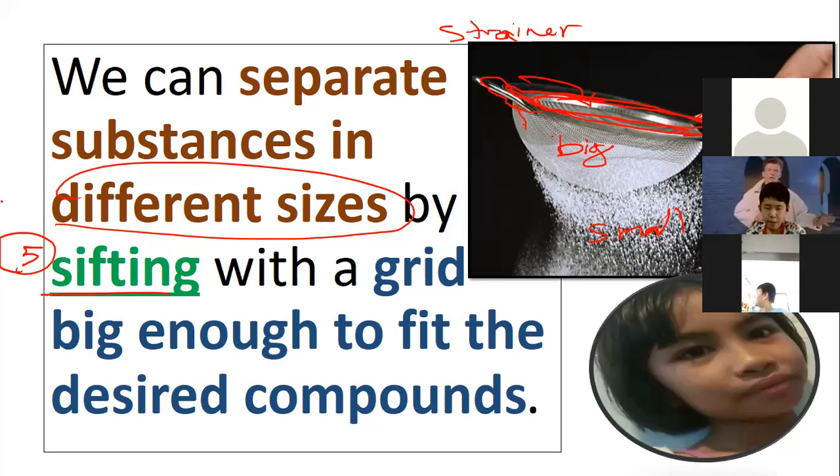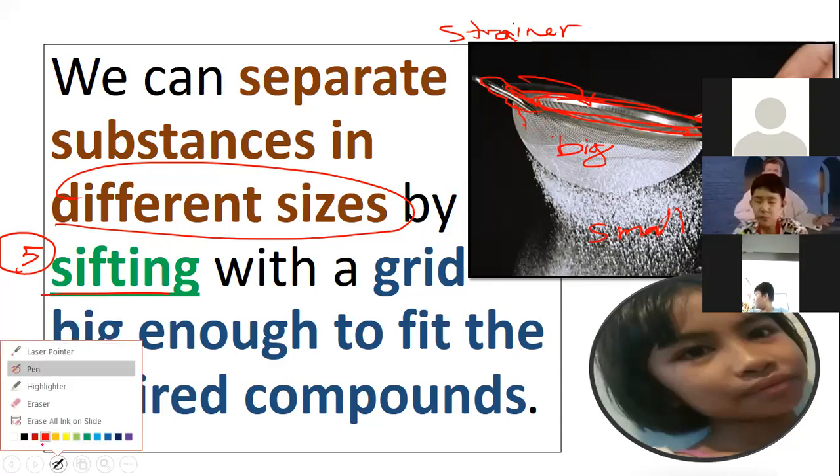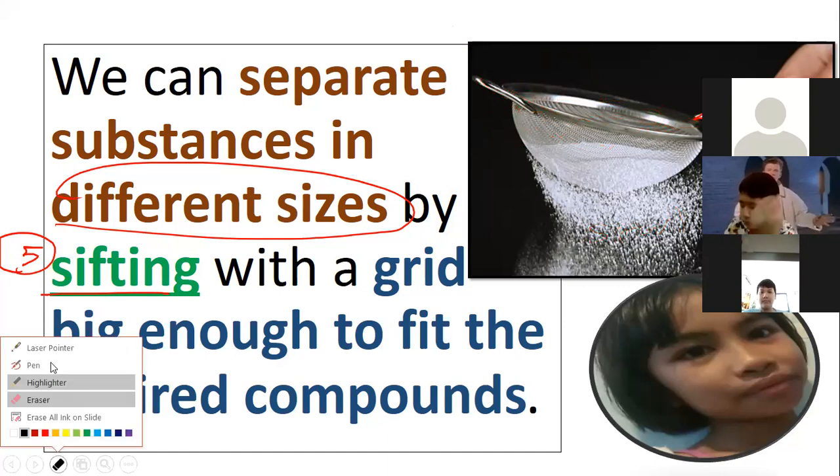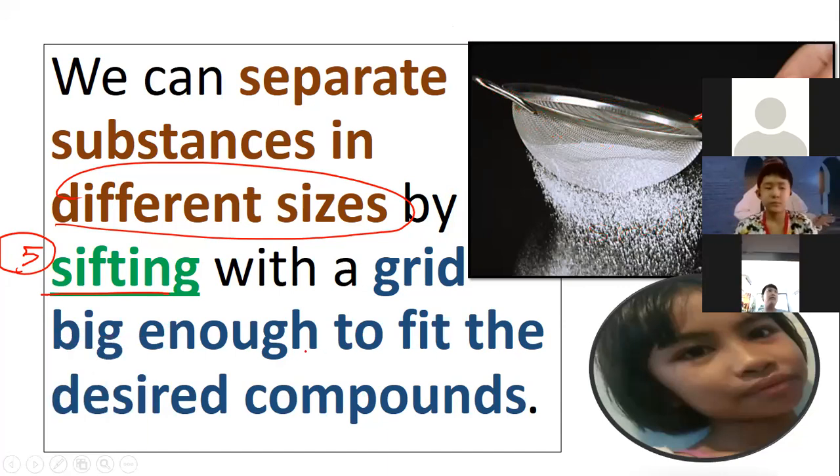Now, listen to me. Did you write number 5, sifting? Have you watched people that are selling noodles? Where are they putting the noodles? They put it here, right?